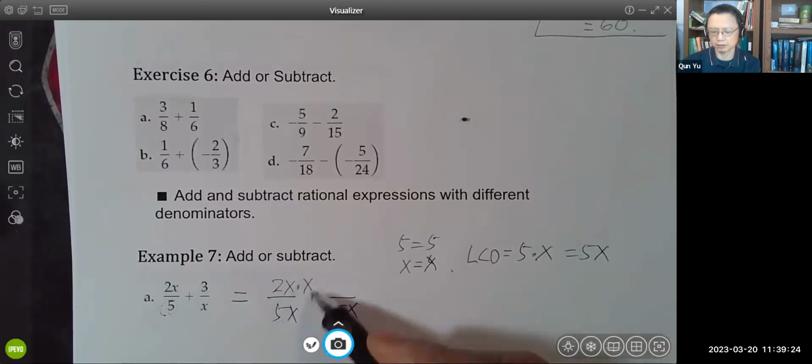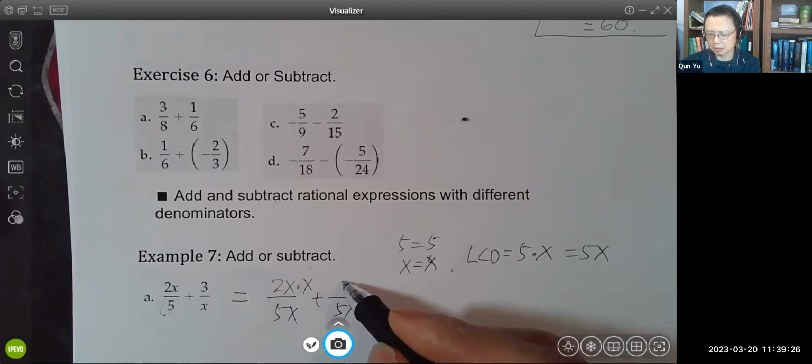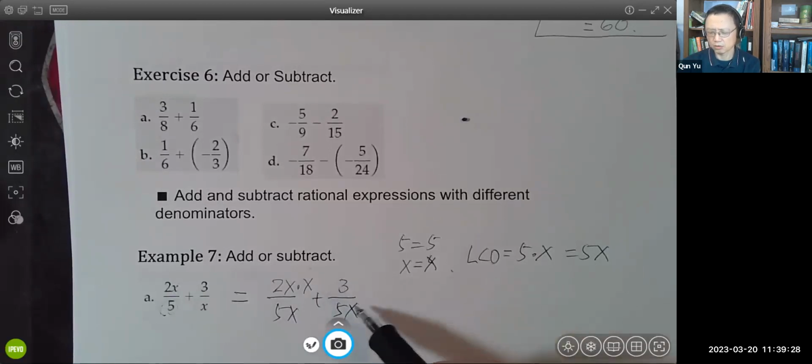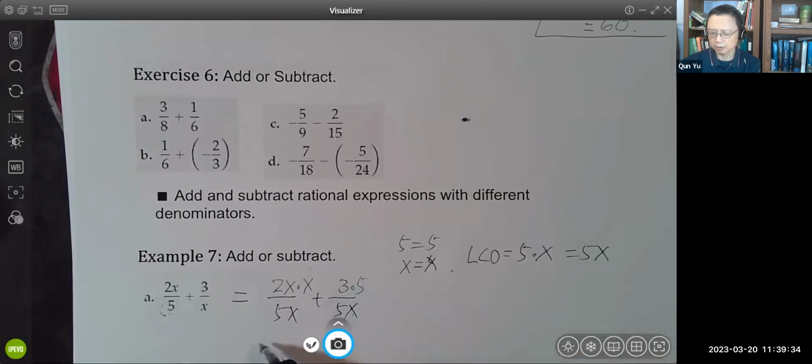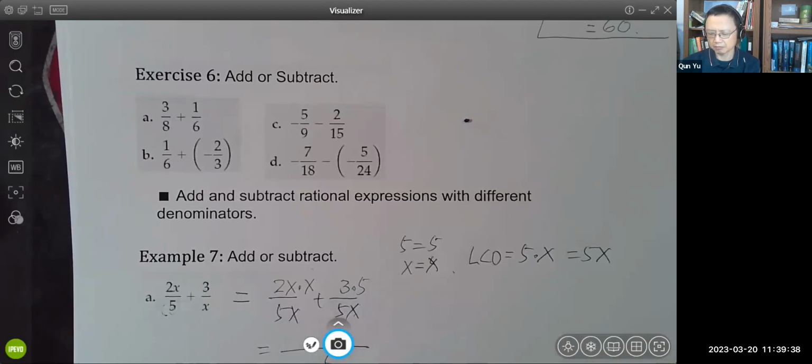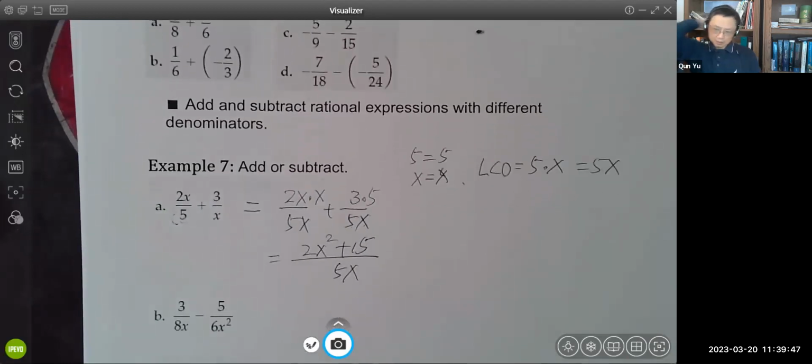Same thing here. Originally, we have x over 3. We need to multiply by 5 on both sides to get 5x. Now, both fractions have 5x on the bottom. We just add numerators. This is 2x squared plus 15. And that is our final answer.